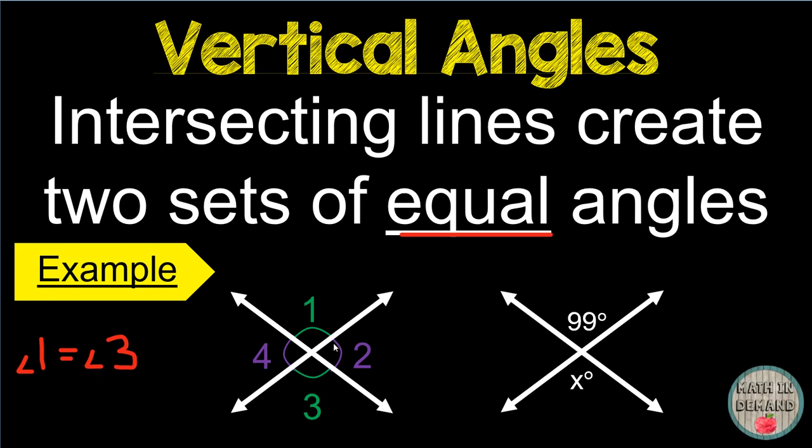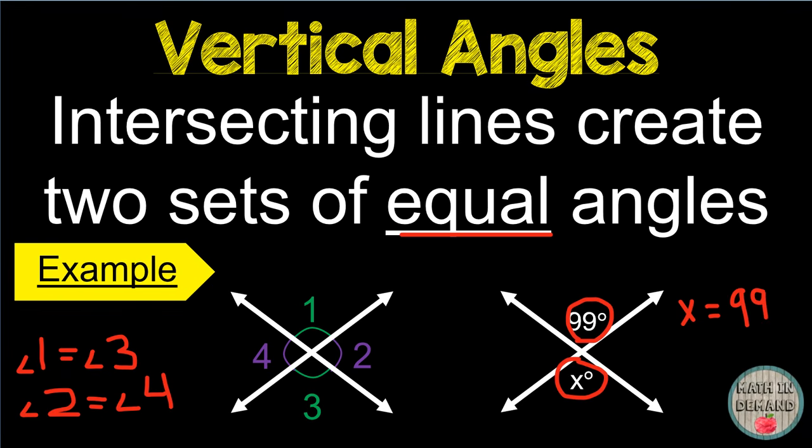In addition, angle 2 right here is equal to angle 4. Okay, we're going to apply that to this one right here. So here I'm given x, and here I'm given 99. Well, since these are vertical angles, I know that these are equal. Therefore, I already know my answer. I know that x equals 99.